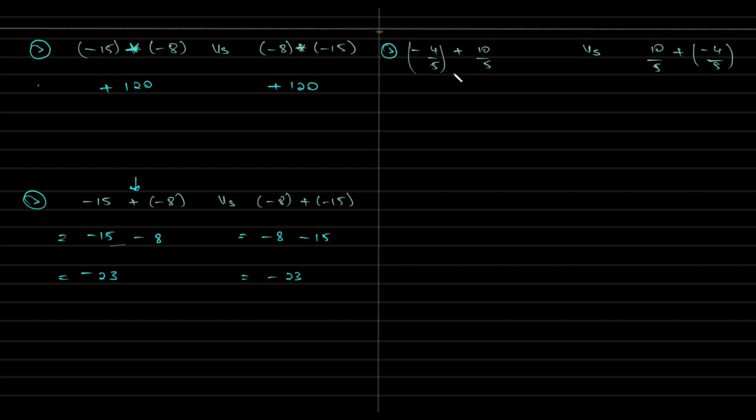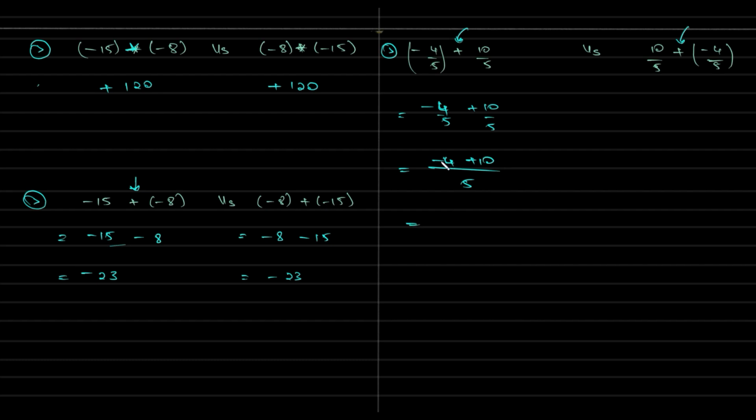Here we have to take the difference because they are opposite signs, but yes, the operation as of now is addition, between two opposite sign numbers. So we have negative 4 by 5 plus 10 by 5. So denominators are the same, so we can directly do this. Negative 4 plus 10.